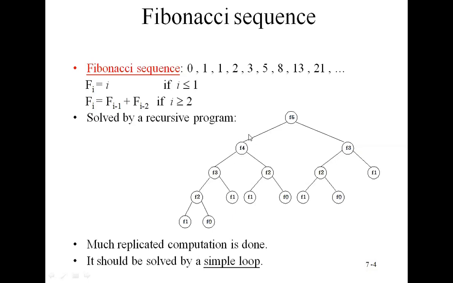So how to get f of 4? Then again you need to calculate f of 2 and f of 3. How to get f of 3? Again you need to calculate f of 1 and f of 2, since the previous two numbers for 3 are 2 and 1.